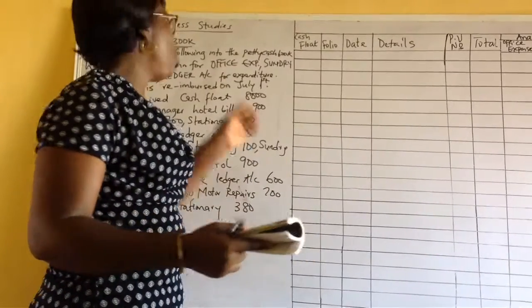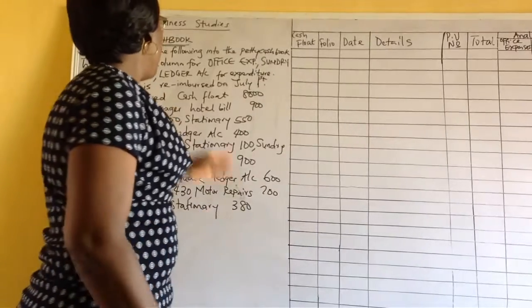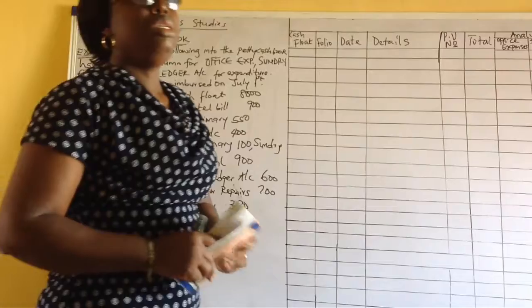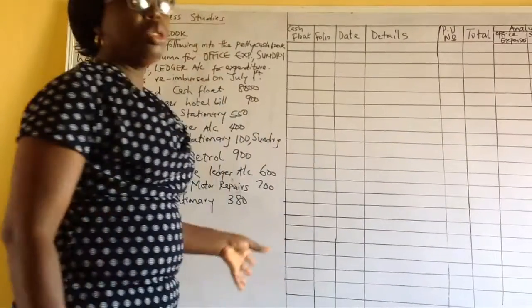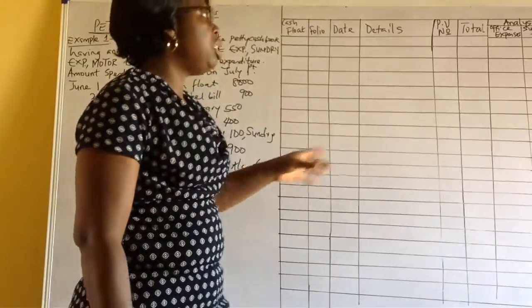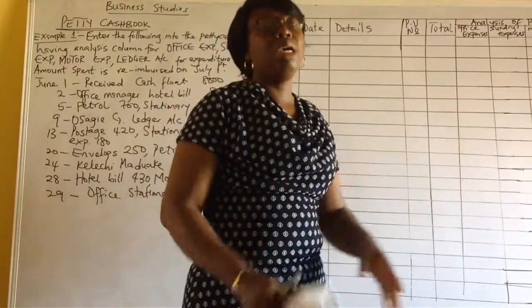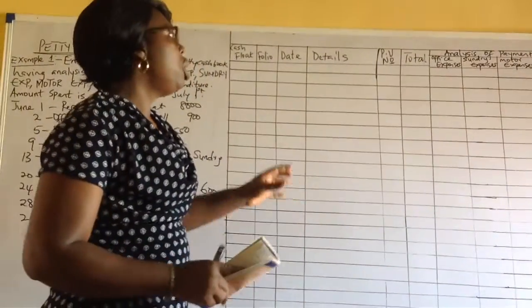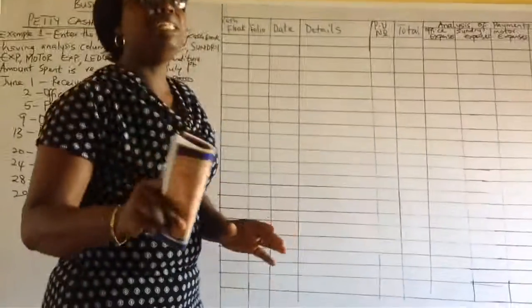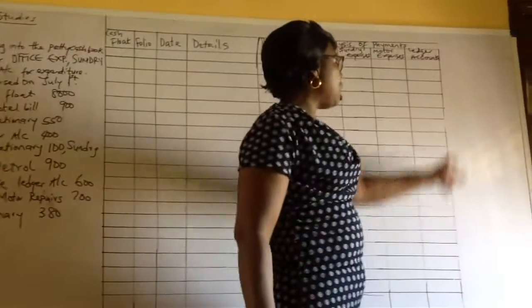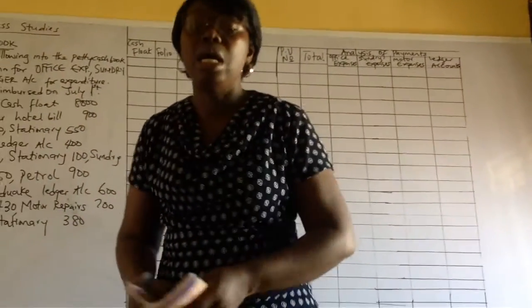If there is transport, you add it to that column. Ledger account has to do with individuals. If you have any entry in the question that has the particular name of an individual, it's to be posted into the ledger account. And if the question you are answering says you should open the different ledgers, then the only accounts you will open on your ledgers are the accounts that are recorded in your ledger account.